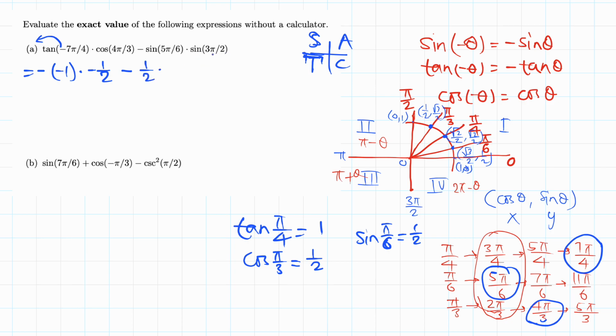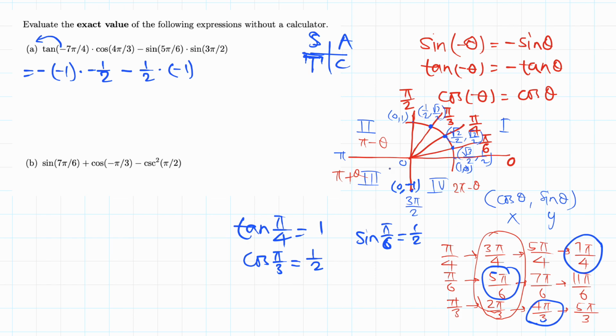Sine 3 pi over 2. 3 pi over 2, that's 270. Okay, if we complete this one, this is 0, 1, and the opposite would be 0, negative 1. Sine 90 is 1. Sine 270, 3 pi over 2, is negative 1. So this is negative 1.